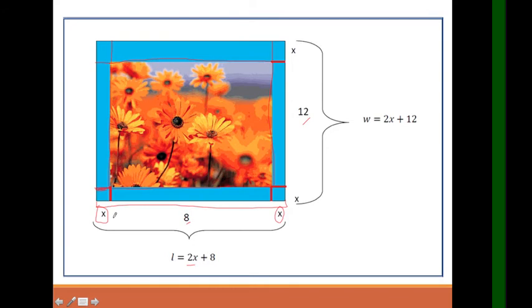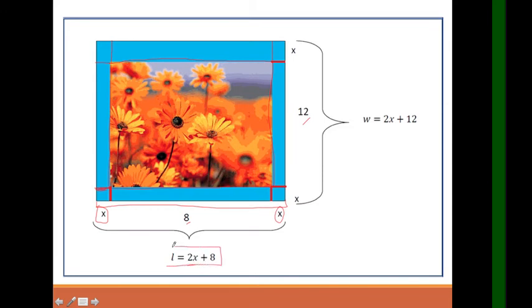Ibig sabihin, pag inadd ko itong isang x, let's say this is 1 meter, and then this one is 1 meter, that is 2 meters plus 8, 10 meters ang kanyang haba, or ang dimension ng ating lot.